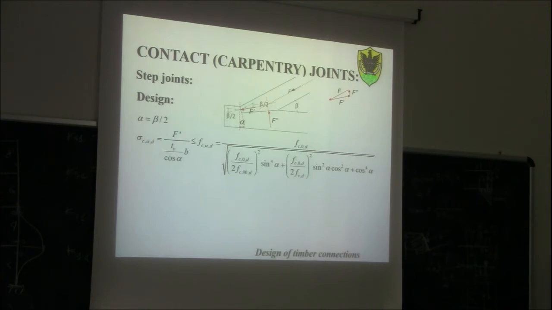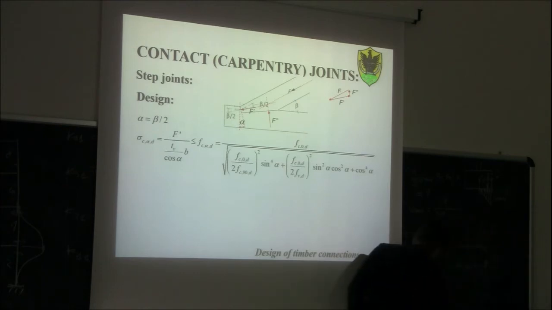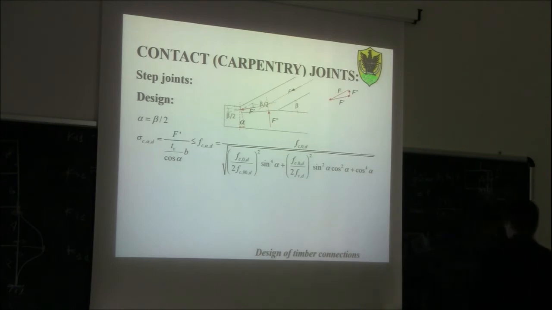If the cut was vertical, what should we compare sigma C alpha D with?